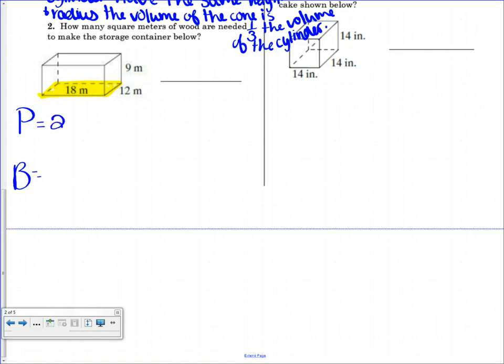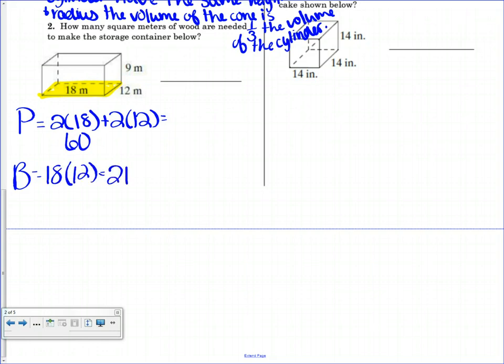So the perimeter is going to be 2 times 18 plus 2 times 12, which is 60. The area of the base is going to be 18 times 12, base times height, which is 216. The height of my prism, distance between the bases, is 9.